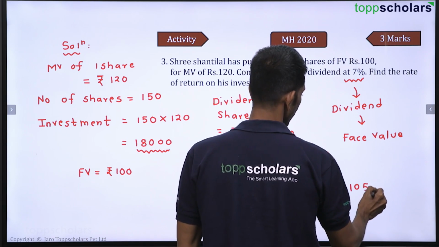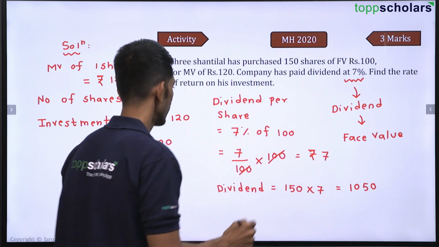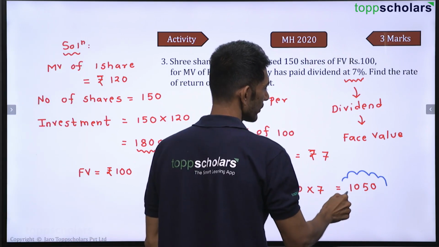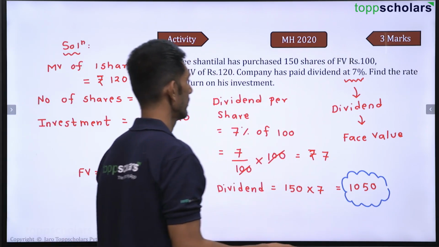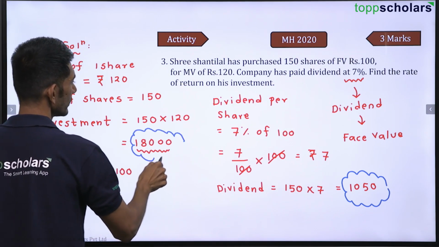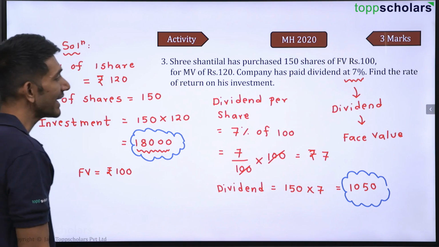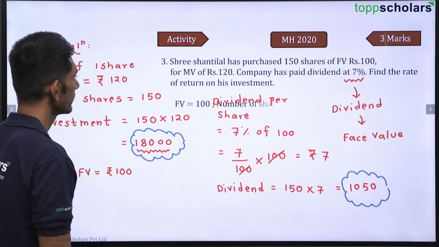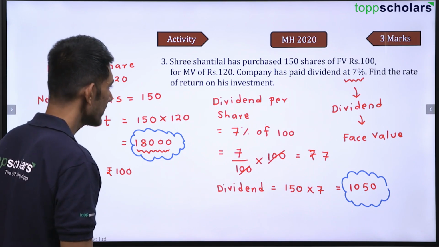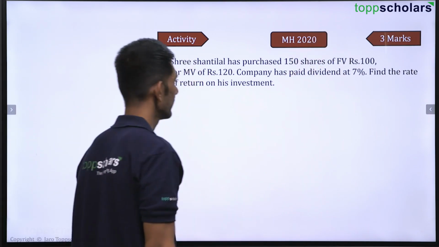That is 1050. So if you see, the dividend is 1050. What is the investment? The investment is 18,000. Now can we calculate the rate of returns? Okay, this is an activity based question. So let us see.